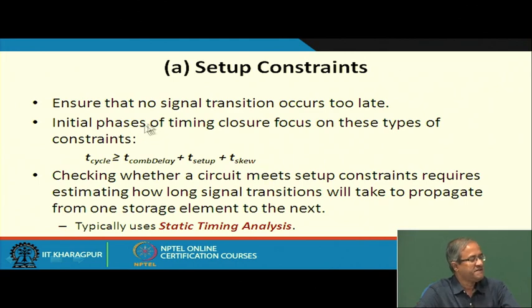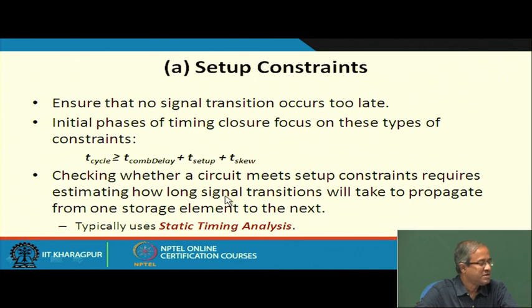The initial phases of timing closure normally focus on the setup constraints. It checks whether a circuit meets the setup constraints. So what do we need to do this? We need to estimate the combinational delay, T comb delay, because setup and skew I am assuming are already known. This is a process we need to carry out.